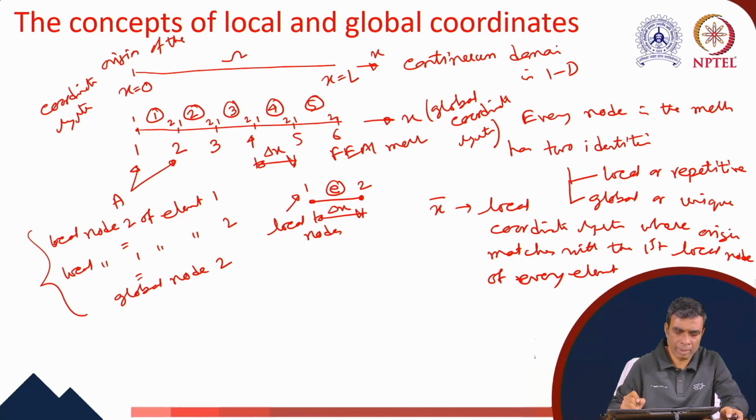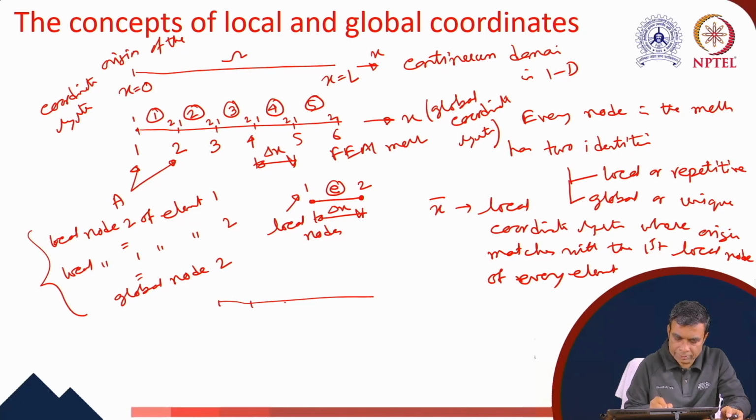Now, this previous picture which we have shown, if we redraw it here, it is having 5 elements. So this is our global coordinate system. This is element 1, element 2, element 3, element 4, element 5, and then this is the origin. This is x equals to 0, this is x equals to 1.